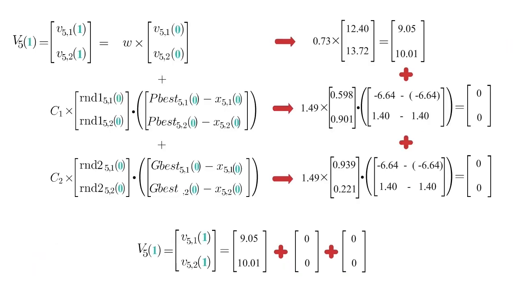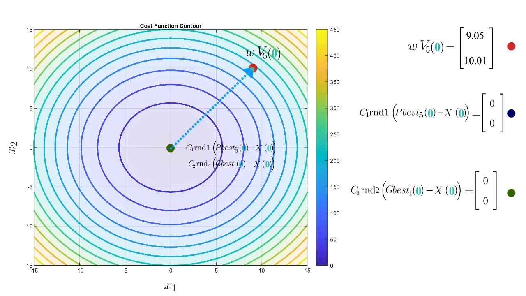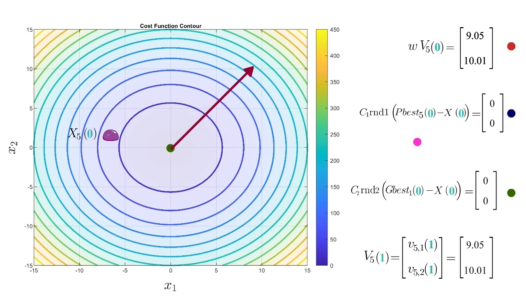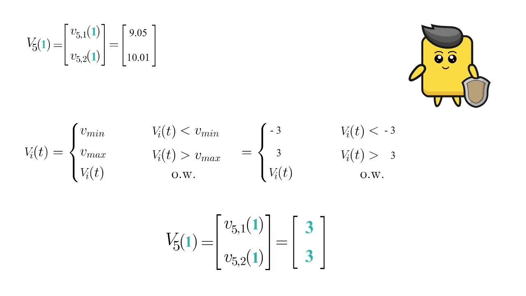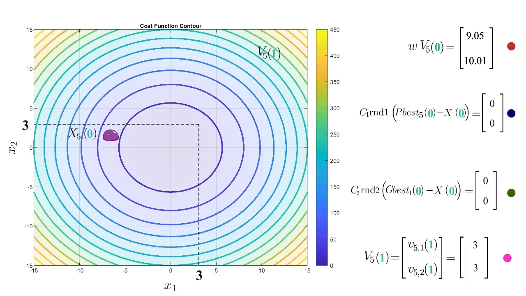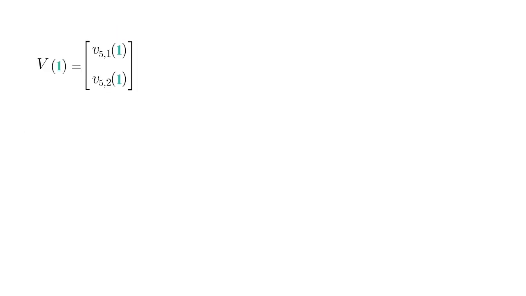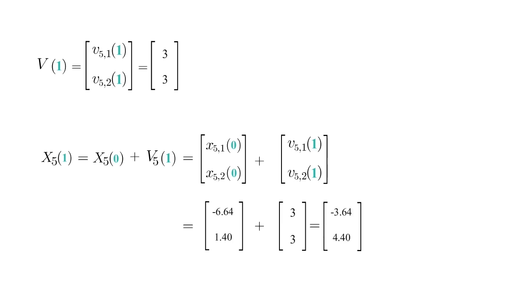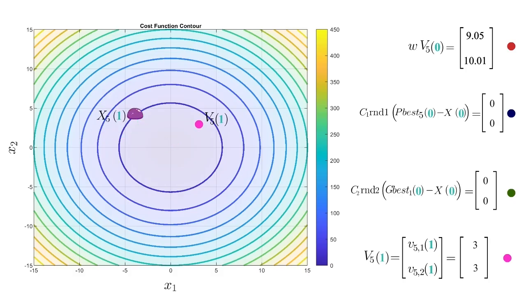With the other two components becoming 0, the new velocity for this particle is equal to the momentum component. The guard informs us that this value is outside the allowed range of -3 to 3 and needs to be corrected. Okay, now we will adjust it to fall within the allowed range. By adding the previous position value to the updated velocity, the fifth particle is moved to a new position, which also falls within our allowable range.